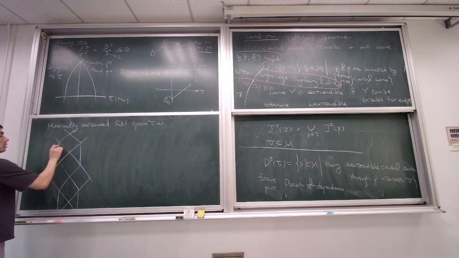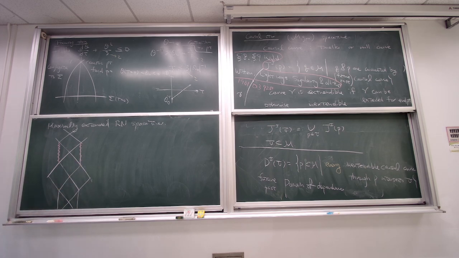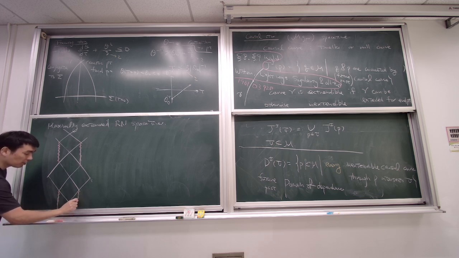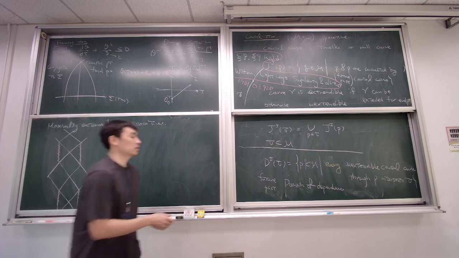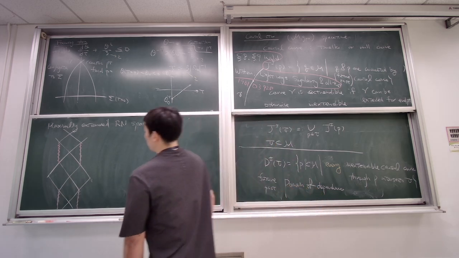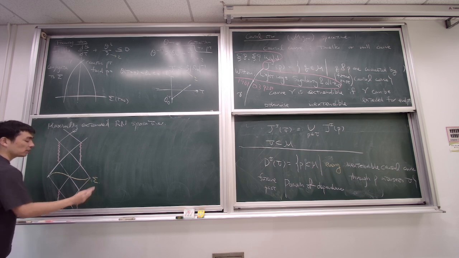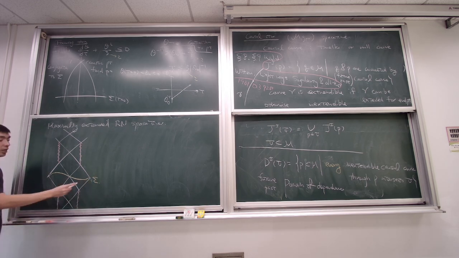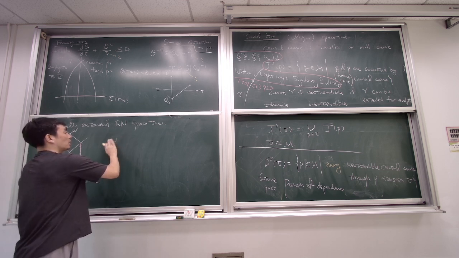So this is a singularity, and another singularity. Let's use a different color. Sigma is something like this one, a spatial hypersurface like this.